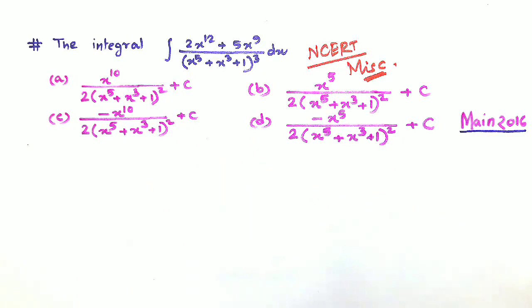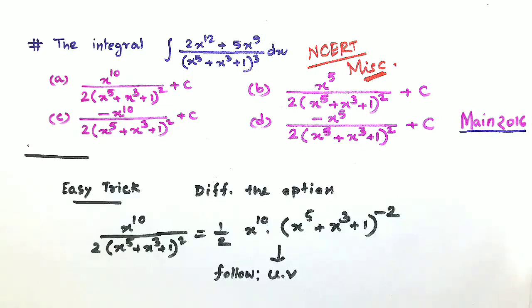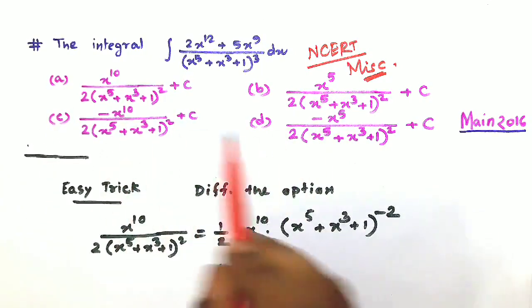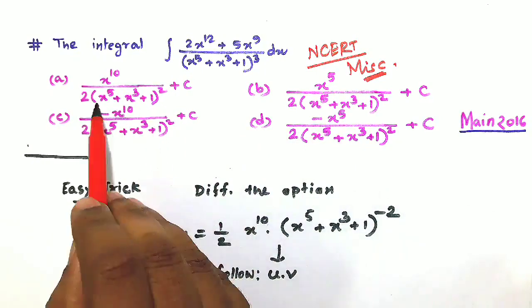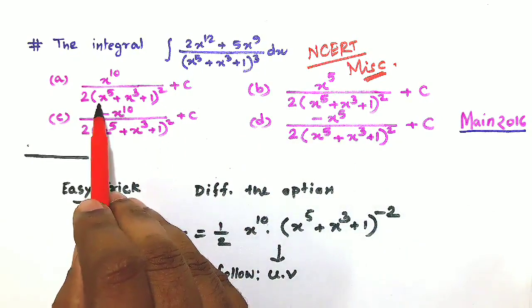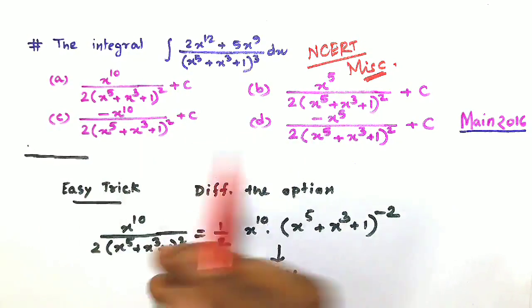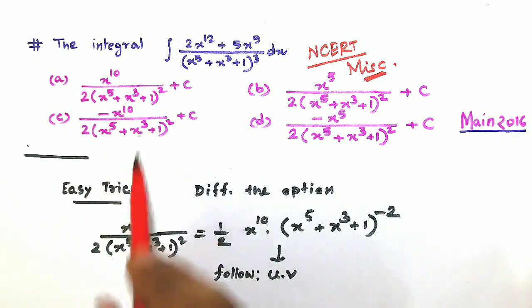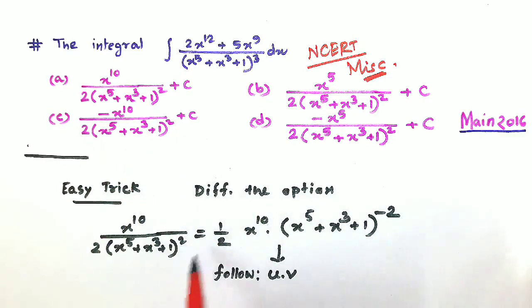In this case, I want to mention that you should not follow the traditional method. Here you have to follow this technique. Just keep the options here. There are 4 options, take the first option and differentiate these options, it will be better. So we take the first one, x to the power 10 divided by 2 into (x to the power 5 plus x cube plus 1) whole square.